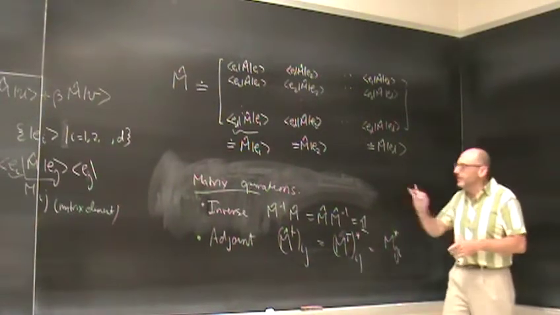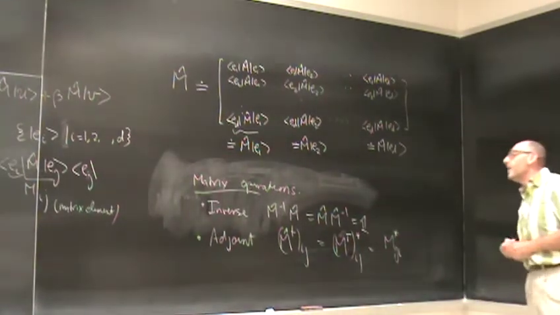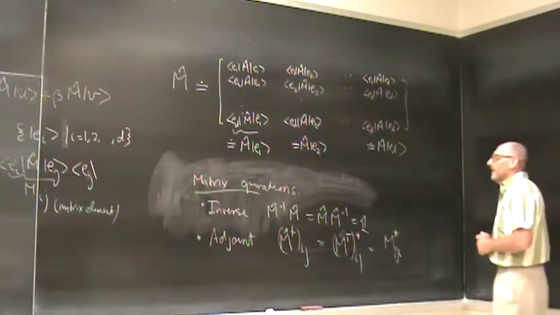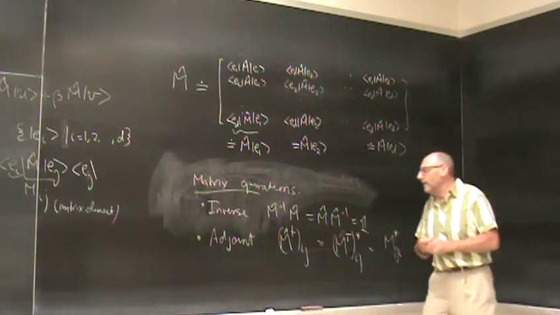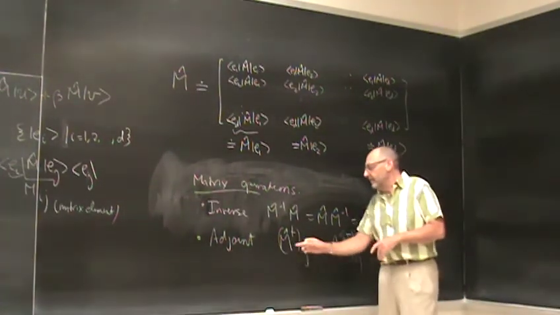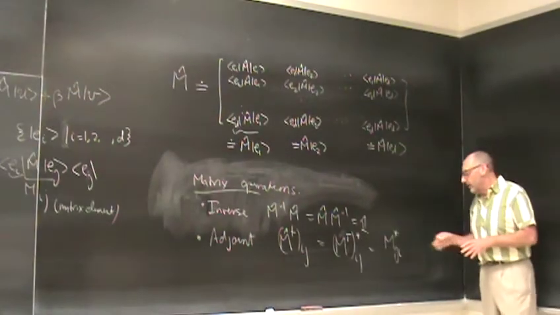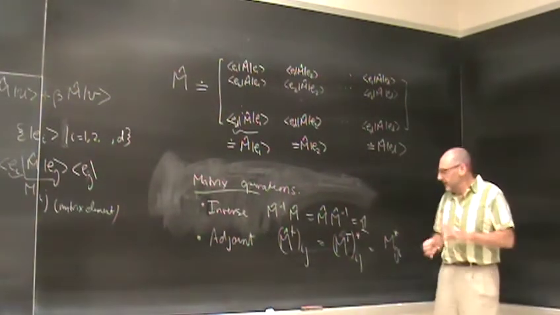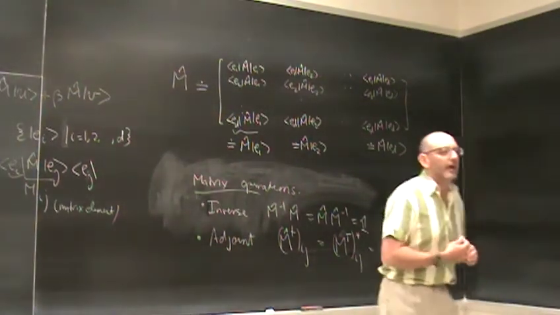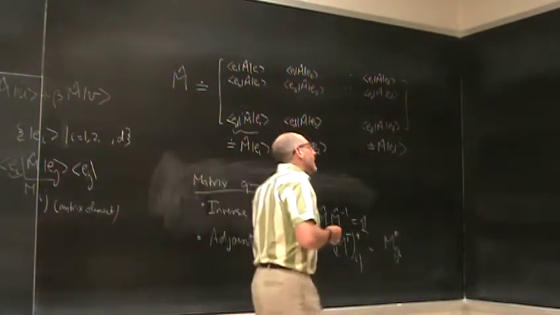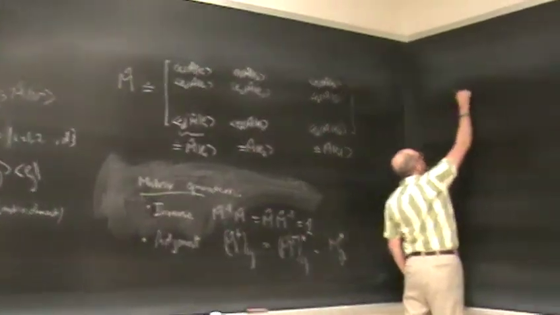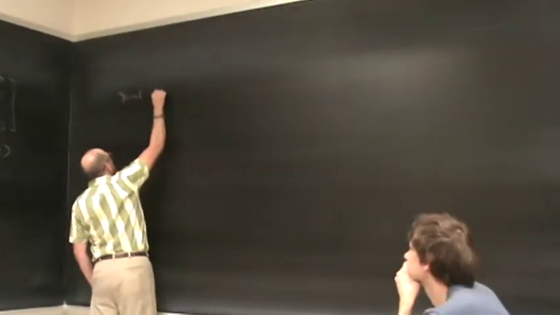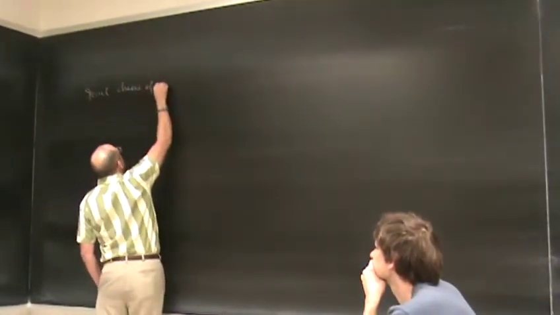Okay, so we talked about basic matrix operations like the inverse and the adjoint. The matrix elements of the adjoint operator are given by the complex conjugate transpose. And we talked about special classes of operators.